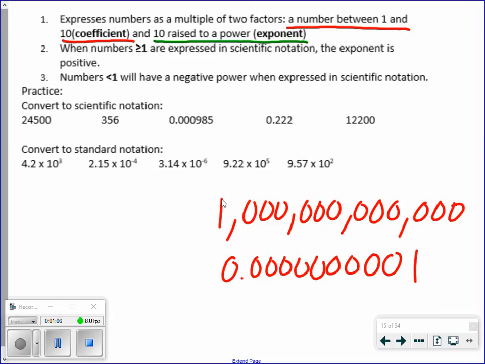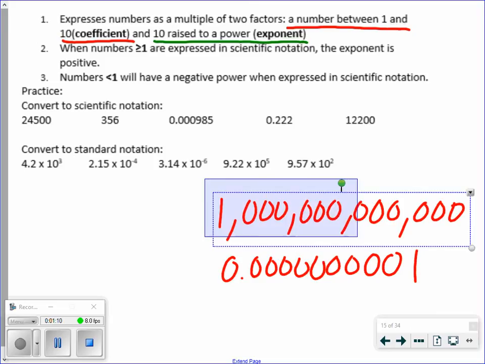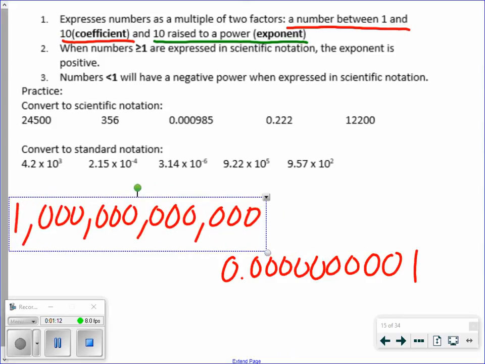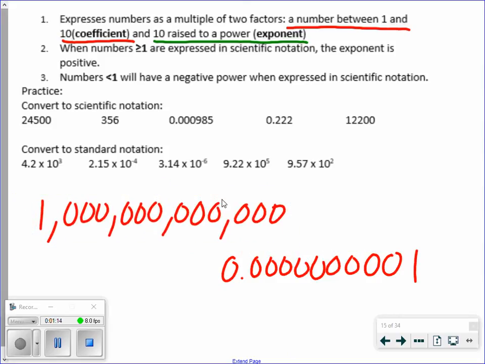Okay. So, for instance, if I did not want to write this massively long number, tell me firstly, where is my decimal in this number right here? Where's my decimal? After the very last zero. Does everybody agree with that? Okay, so my decimal is here.